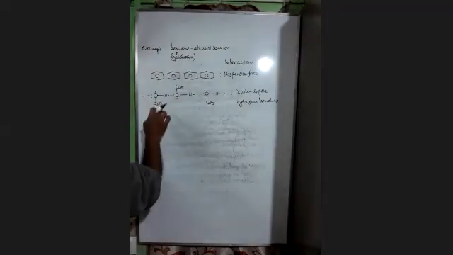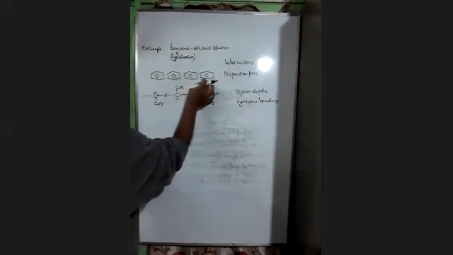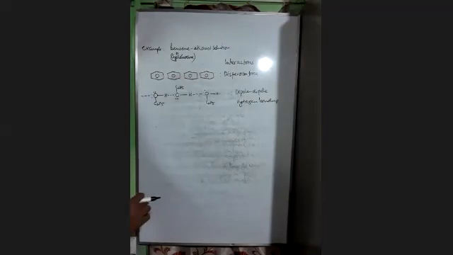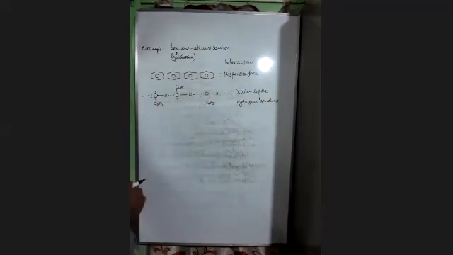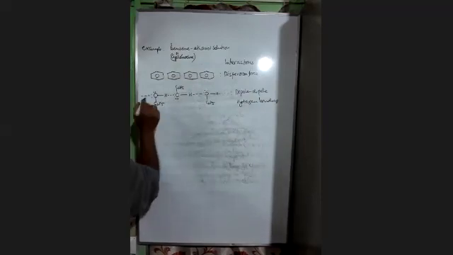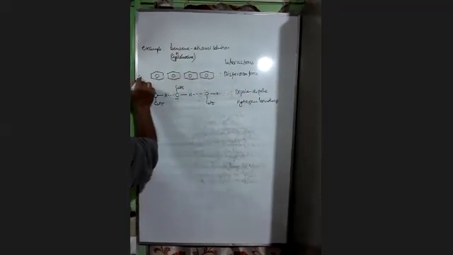In solution, what is supposed to be there? Solute molecules should come in the solvent molecules. First they will break their relationship, become individual molecules. Then this molecule has to break that. Say this is solute and this is solvent.